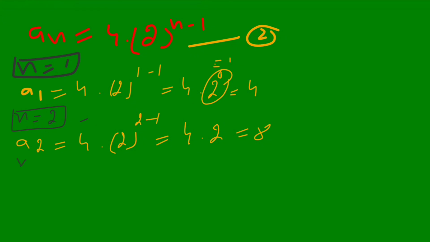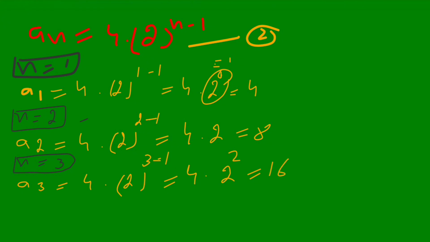Okay, now n is equal to 3. A3 is equal to 4 multiplied by 2 raised to the power 3 minus 1, which is 4 multiplied by 2 squared, so 4 multiplied by 4 is 16. Now we put n is equal to 4.